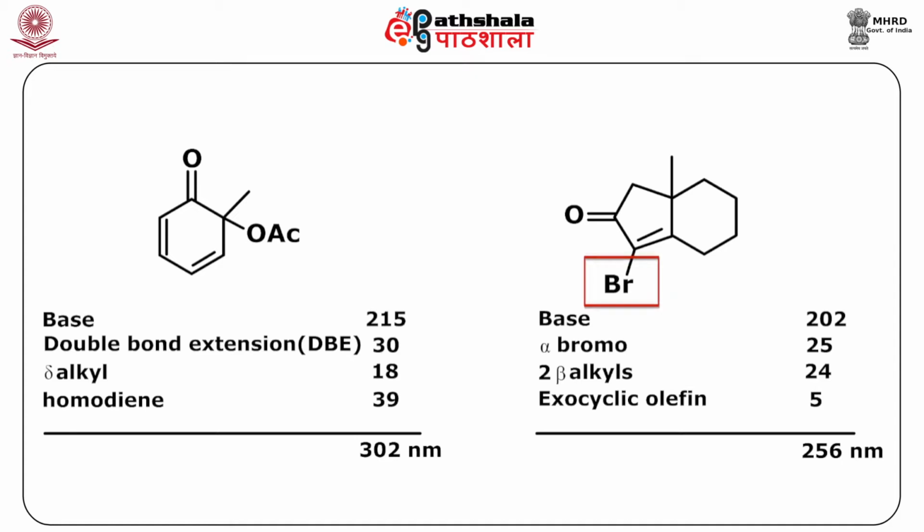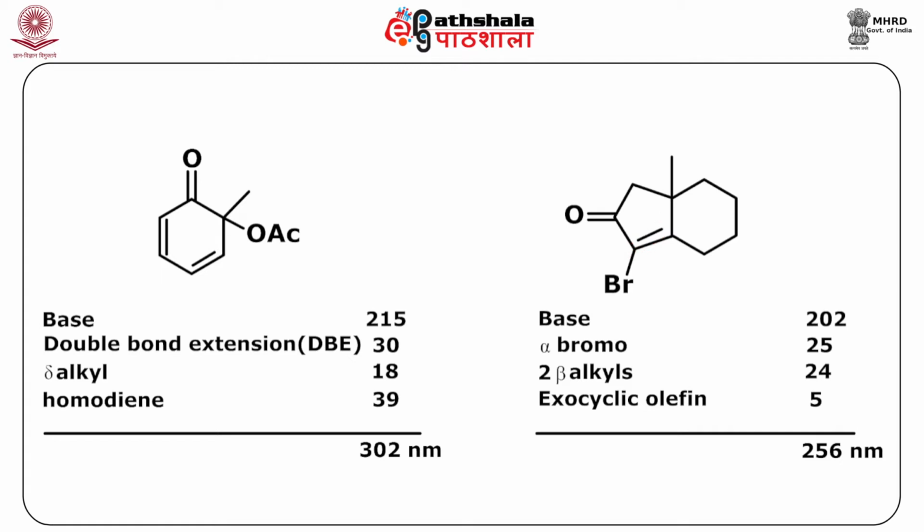The alpha bromo substituent adds another 25 nanometers. Two alkyl groups at the beta position give another add-on value of 24 nanometers, and the exocyclic double bond adds 5 nanometers.